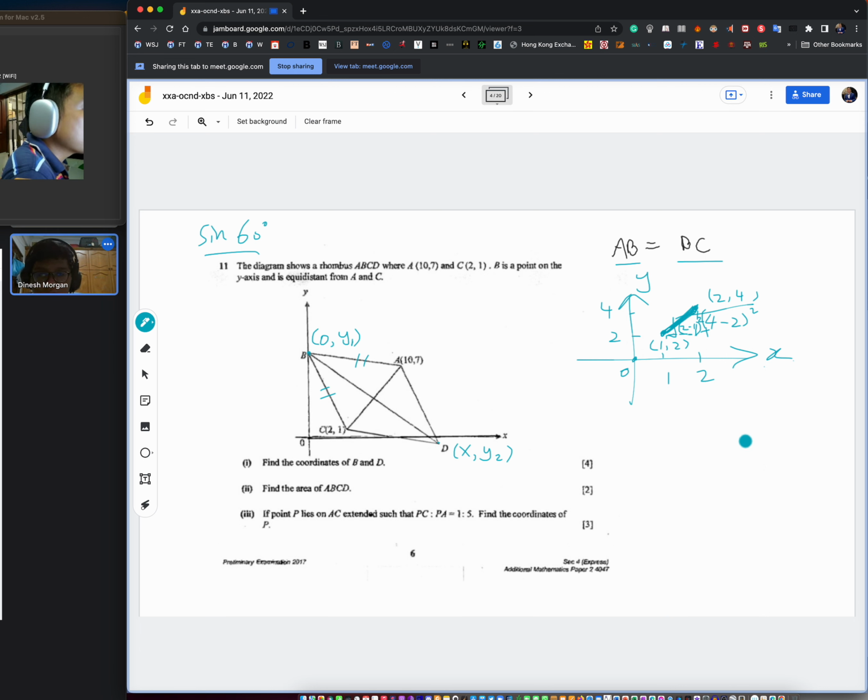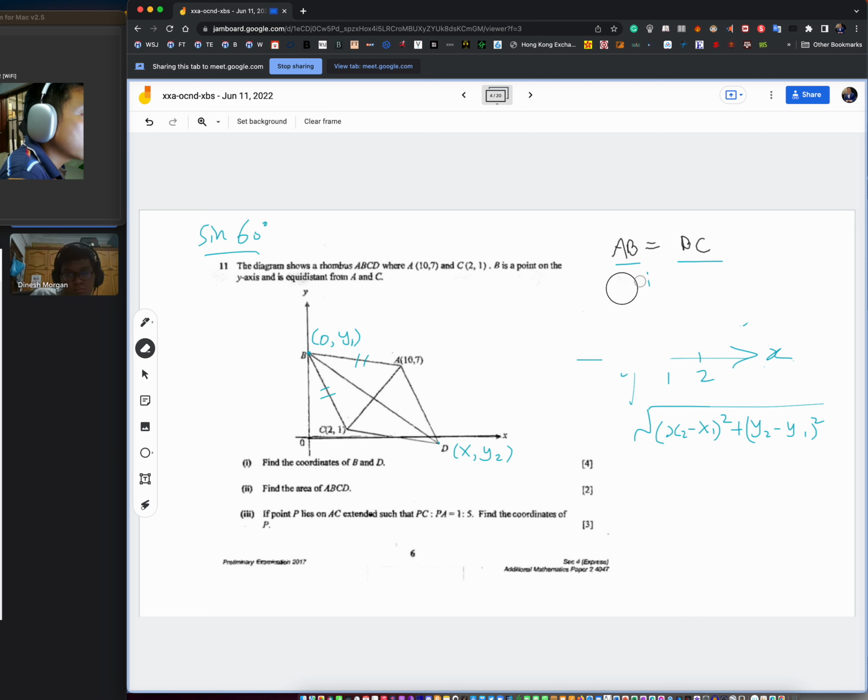So therefore, what you can see is the formula is actually x2 minus x1, y2 minus y1, square root. Okay, so you get it on the spot. Okay, good.